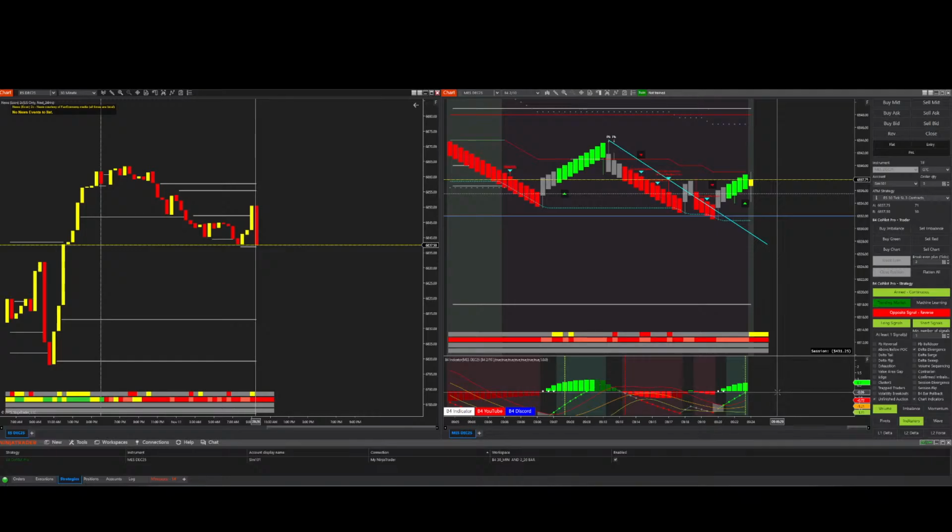Kijun-sen and our Senkou Span B, and VWAP is right above us. Order filled.